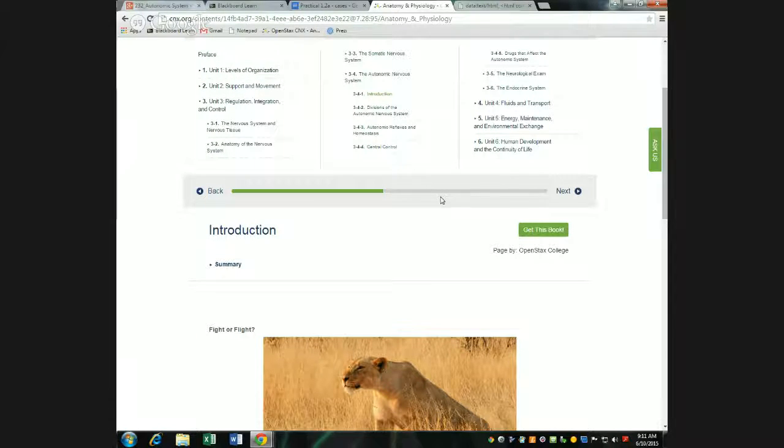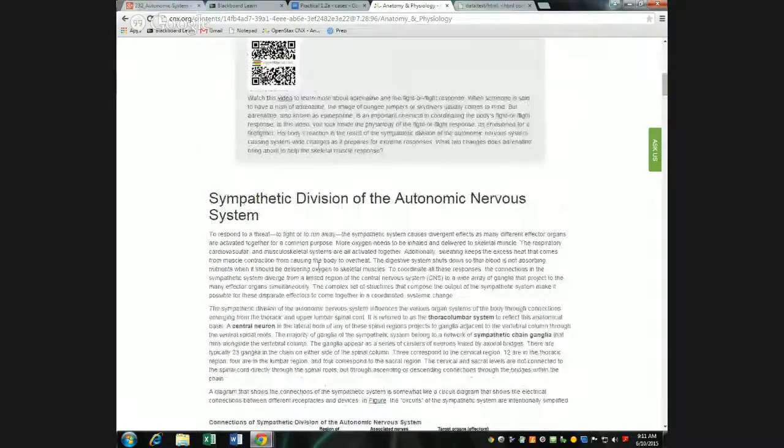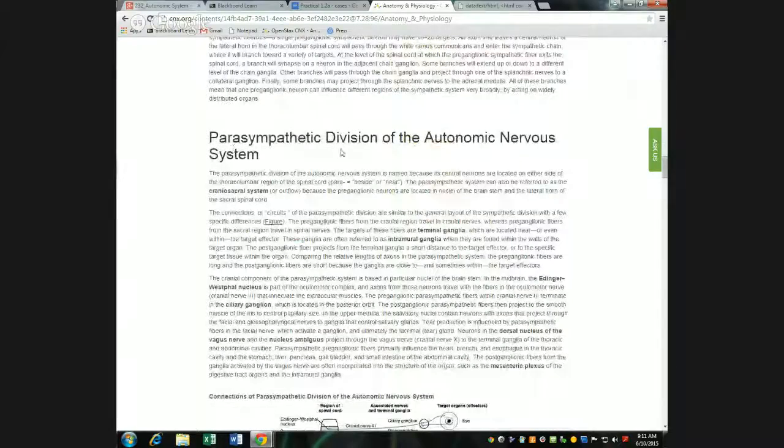I started by saying it's really about controlling homeostatic mechanisms, but what it does falls into 2 different divisions. There's the sympathetic division of the autonomic system and the parasympathetic division.